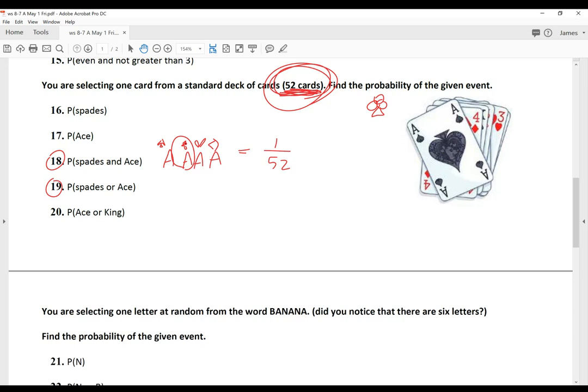Now, spades or ace. It's going to be a lot more. Out of those 4 aces, only one of them is spades. Wait, spades was the first one, huh? Darn. Okay, let me change the shape.